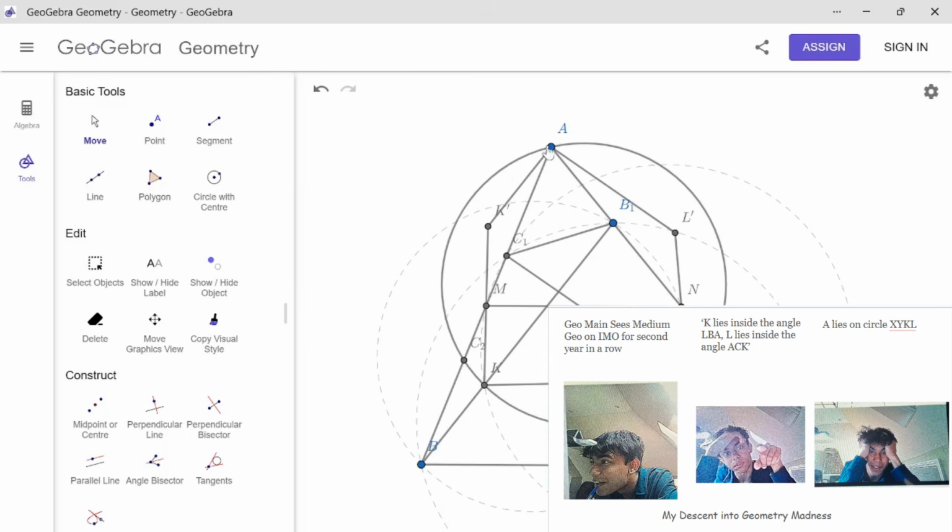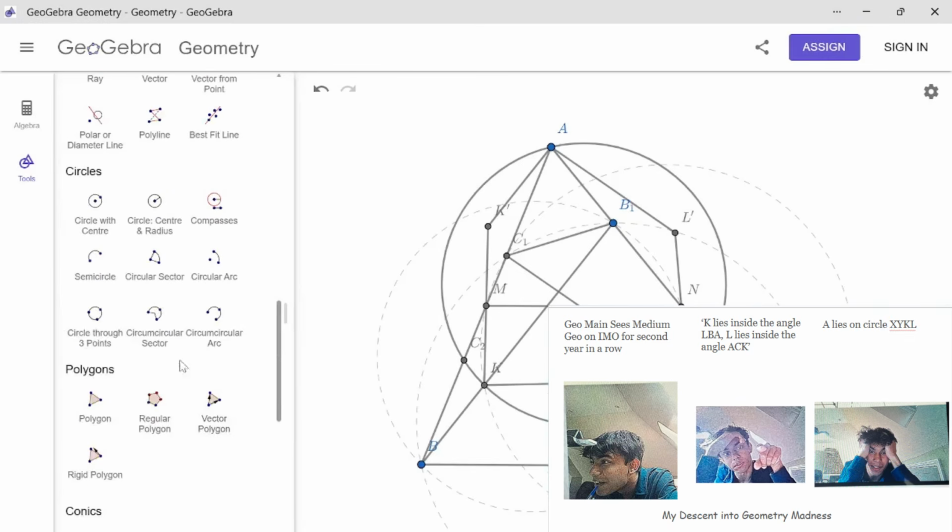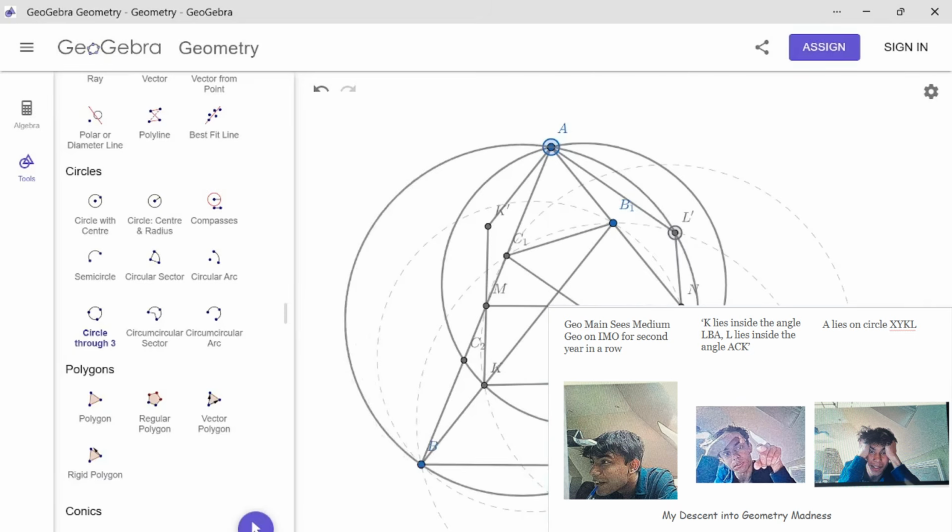Again, we also have, okay, it looks like the circle AL'LB kind of passes through here. Again, we can draw this circle kind of faintly, just so we have it in mind.